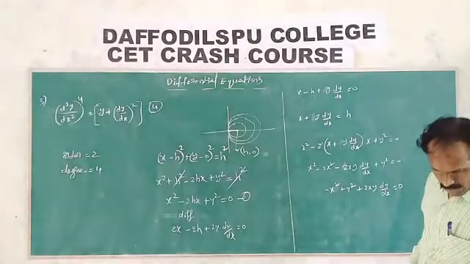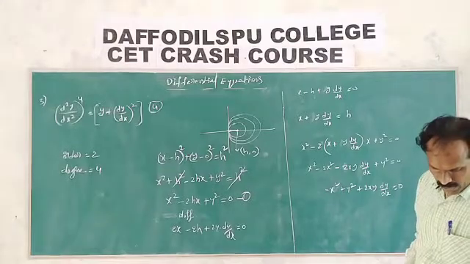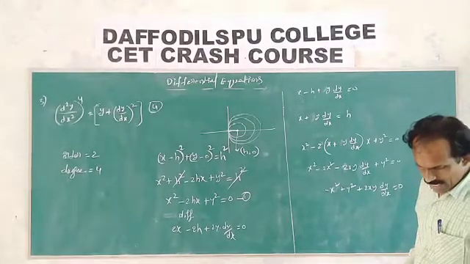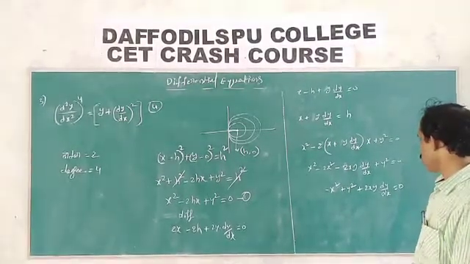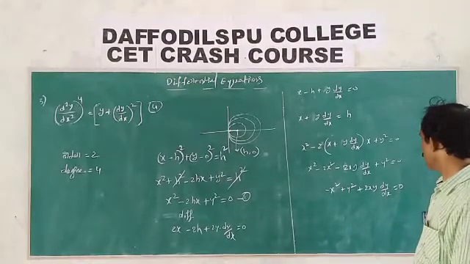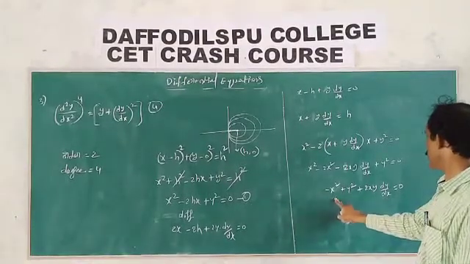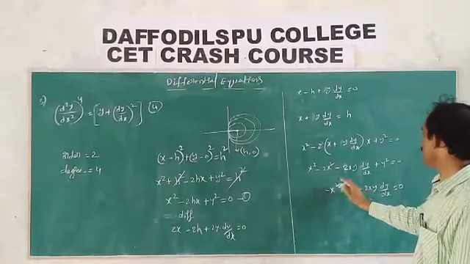Only the second option, x square minus y square, is there. So here there is a minus sign, correct. Okay.